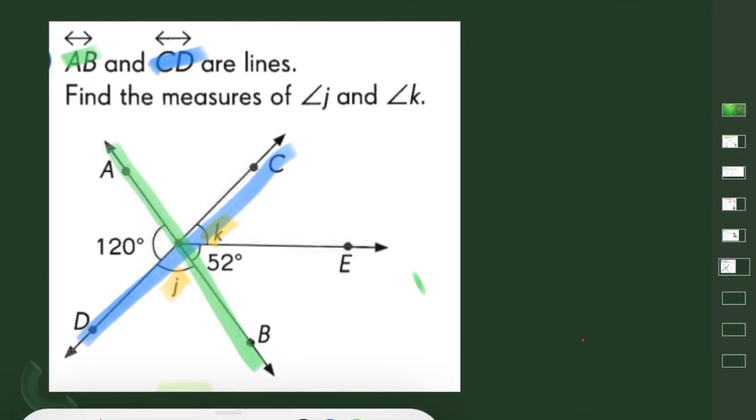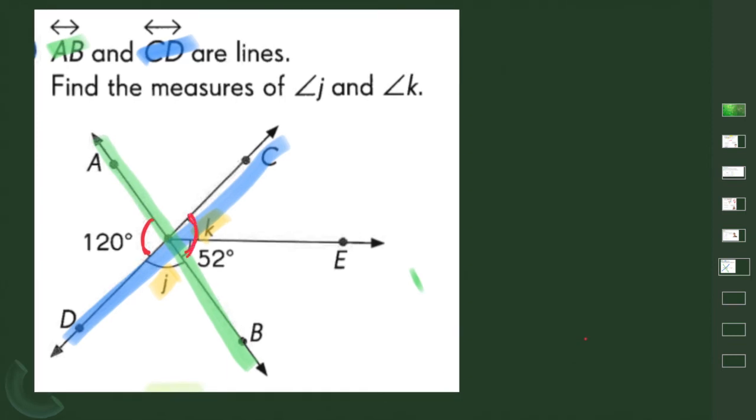Okay, so the first thing you probably noticed is that because AB intersects line CD, this vertical angle has to be the same measure as this vertical angle because they are opposite angles. And so we know that angle K plus 52 has to have a total measure of 120 degrees, okay?